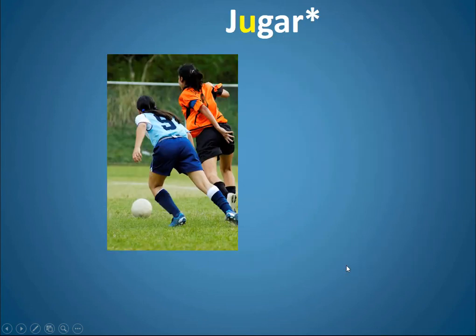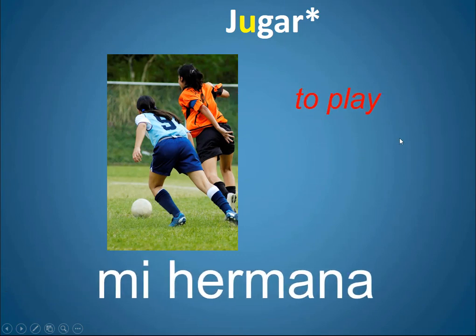Good. Jugar. Jugar is a little bit special. It's the only one that is kind of weird just because it doesn't really have an O that changes to UE. It has a U. So to play, if it's mi hermana, ella, she, it will be juega.